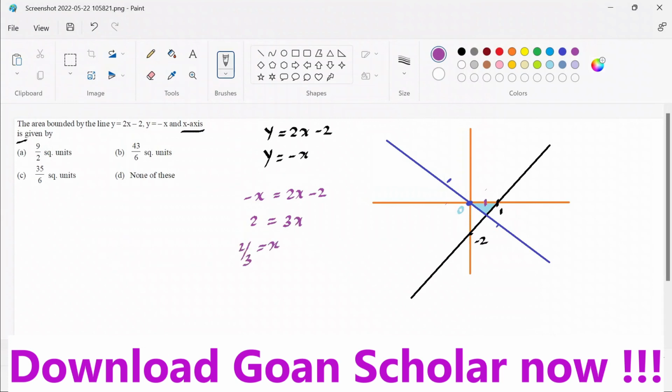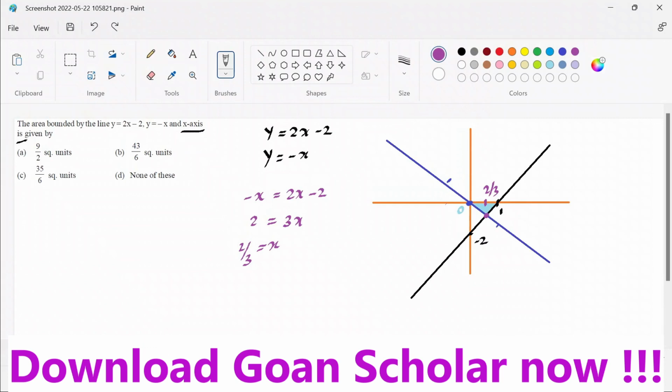This is the point 2 by 3, and this is that 2 by 3. So if I go from 0 to 2 by 3 on the blue line, I will get this area. Let me repeat, if I go from 0 to 2 by 3, I will get this area. Still that blue region is not done.